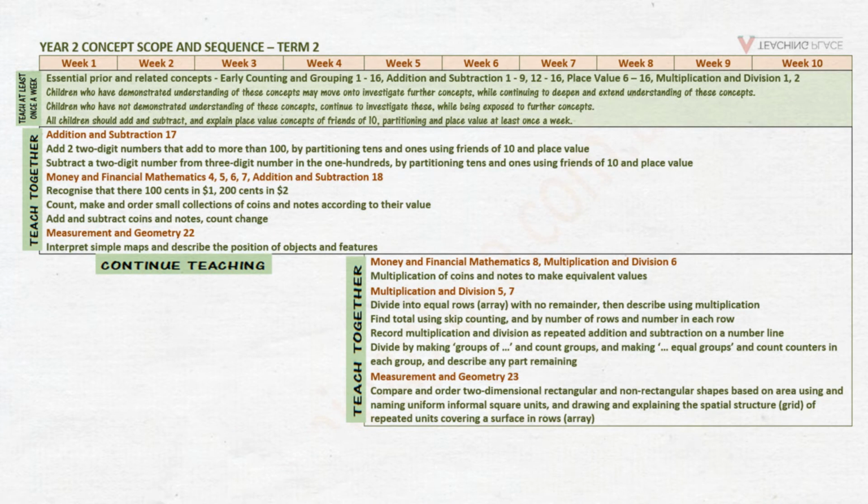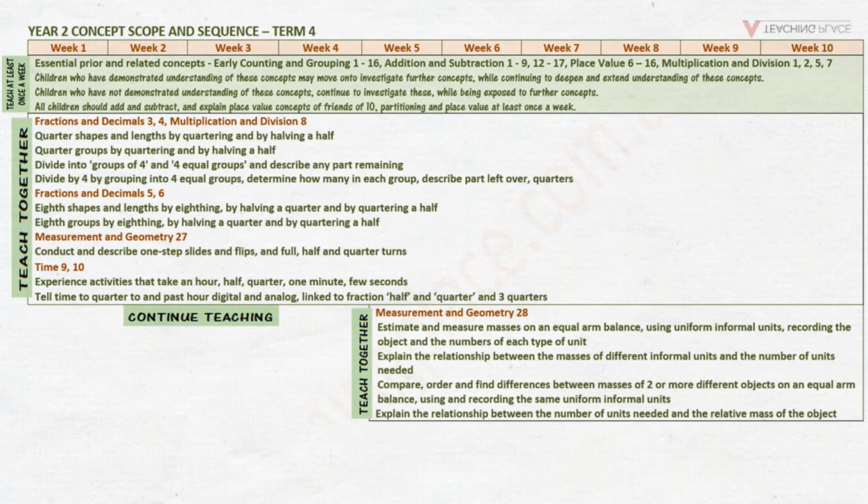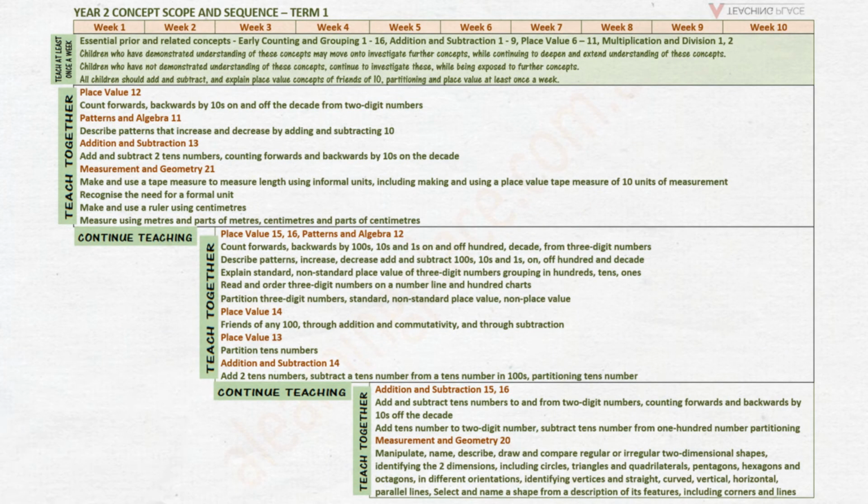Each term presents essential prior concepts from the previous year and terms. Each term scope and sequence is divided into weeks, with essential prior concepts being taught first and essential related concepts being taught together. For example, counting forwards and backwards by tens, describing patterns counting by tens, adding and subtracting tens numbers counting by tens, and making a tape measure in tens are all taught at the same time.